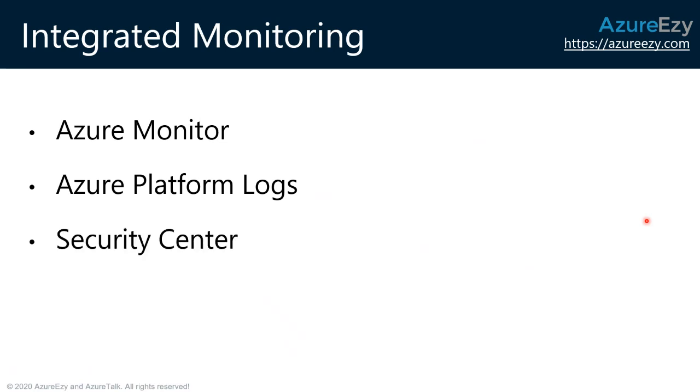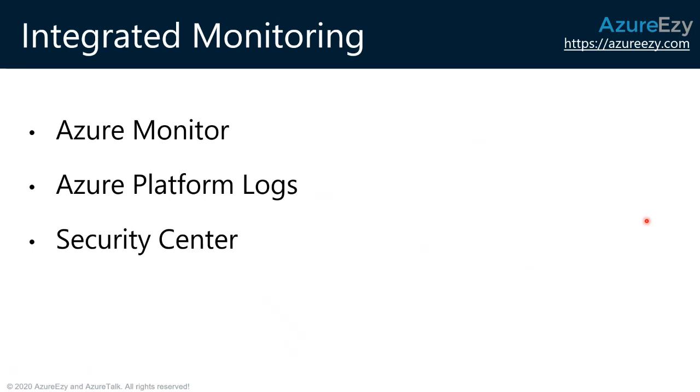Now there is another solution in Azure, that is Security Center, which gives you the security-specific recommendations in Azure. So when we are talking about Azure, we are not only talking about application or resource logs, but we are also getting security-specific logs and recommendations on how we can reconfigure the application in a particular way so that it is more secure and more optimized.